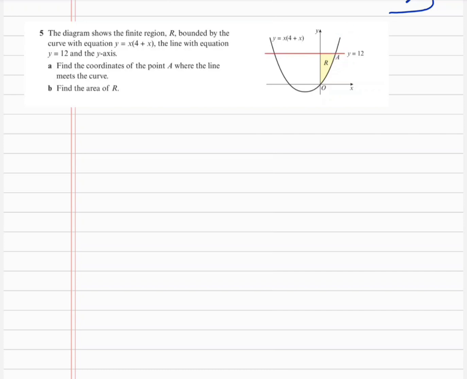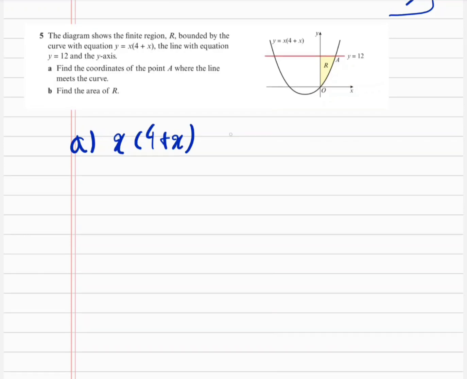Okay, so as usual, we first find the point of intersection by setting the equation of the curve equal to the equation of the line. So we have x times (4 plus x) is equal to 12, and then we get 4x plus x squared minus 12 is equal to 0.